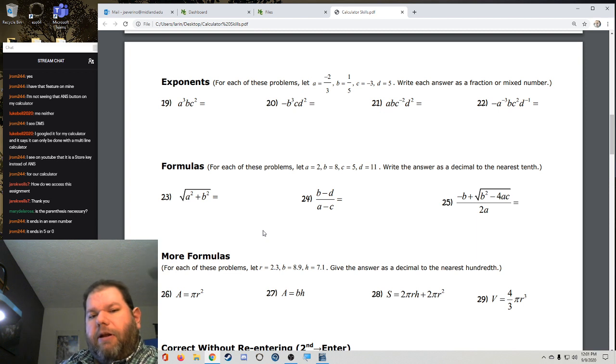Now this next page is more like working with formulas, where they give us the expression with letters and they want us to plug in what the letters are equal to. We haven't really talked about this, but let's see what we can do with some similar examples. Flip that over.